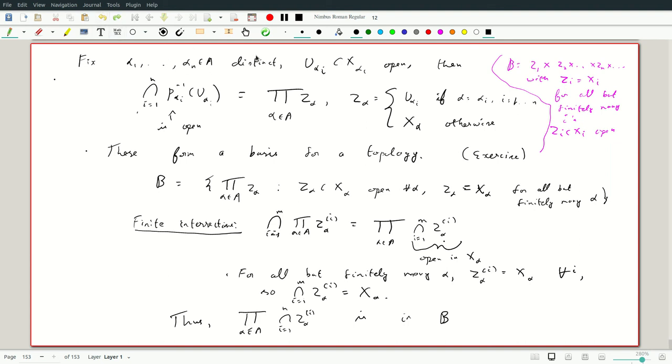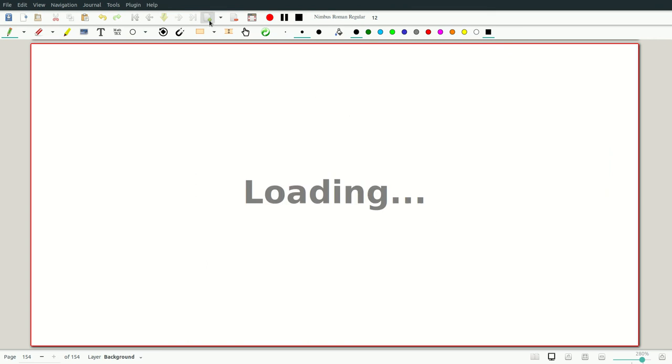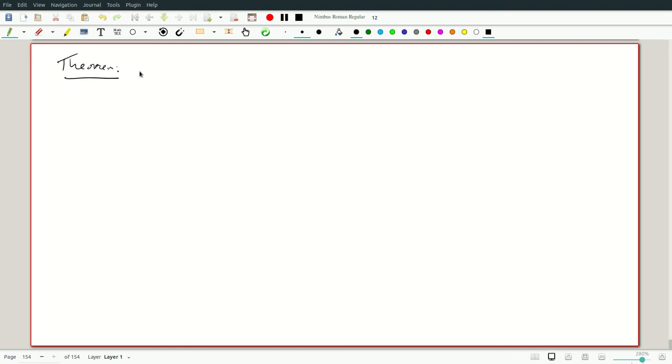Okay, so we have these. Now let's see one more property of this, somewhat sharpening it being the initial topology. Okay, so namely, let Y be another topological space, and F from Y to the product over alpha in A of X alpha.